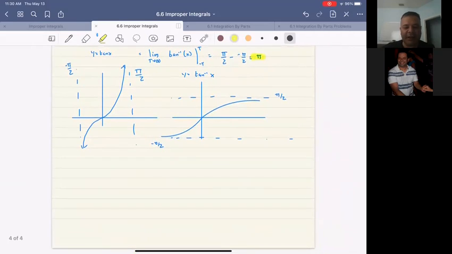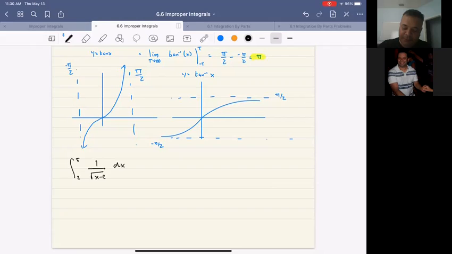All right, let's see, I think I've got another space for another problem in here. Let's see what I got. Okay, here's a nice one. Let's do the integral from 2 to 5 of 1 over the square root of x minus 2 dx.